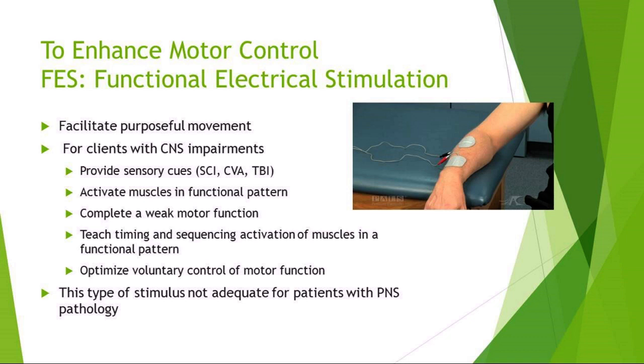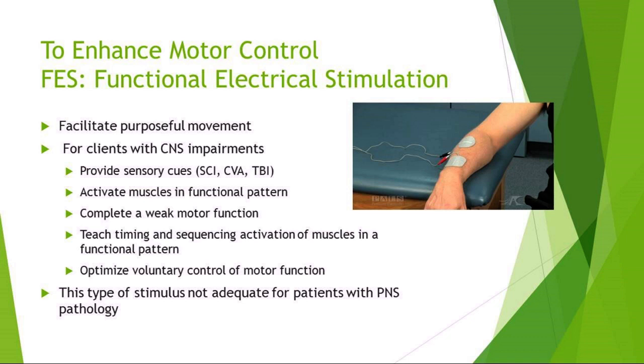We want to activate muscles in a functional pattern. We want to complete a weak motor function, so you might have foot drop from weak dorsiflexors, and we're going to stim the dorsiflexors to complete that motor function.